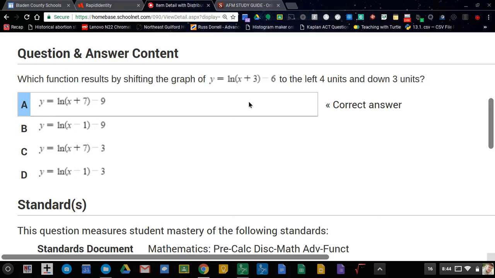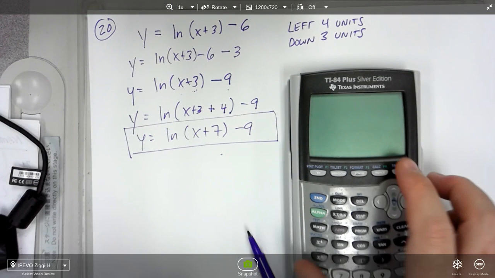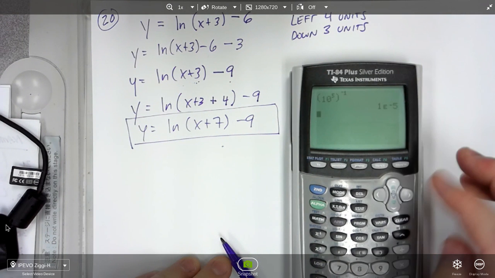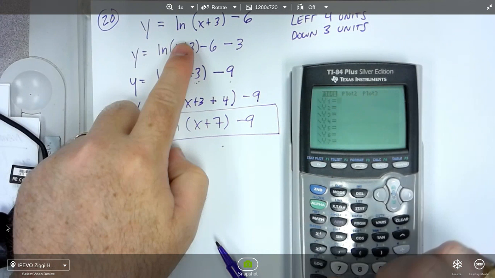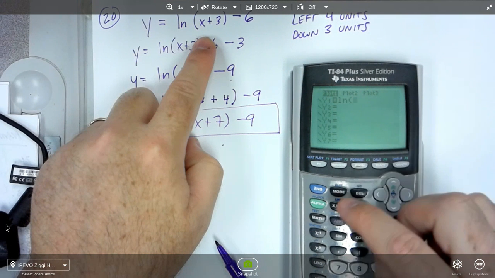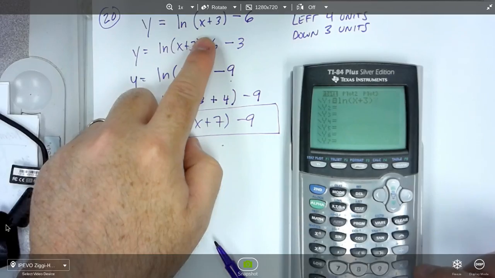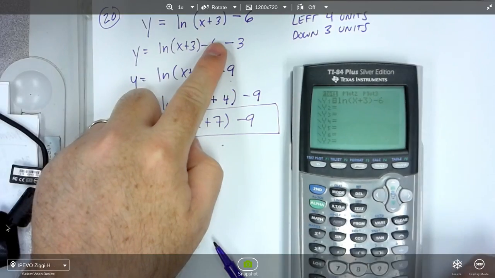Let's say that I'm really uncertain that I made the correct choice on the horizontal shift. I'm still feeling confident about vertical. Yeah, graph it. That's all you got to do, okay? So if we graph these two, let's go to our calculator, and we're going to go to y equals, and we're going to say natural log of x plus 3 minus 6, okay?